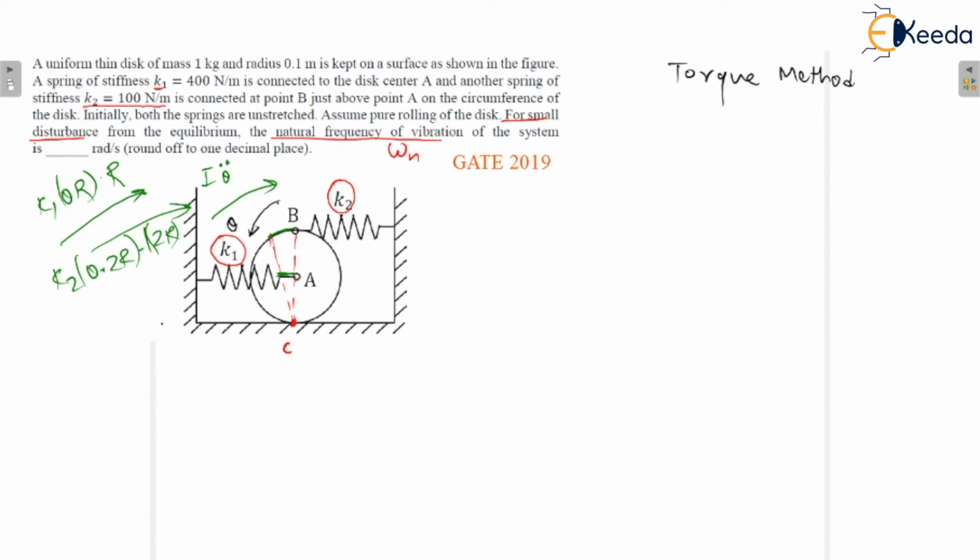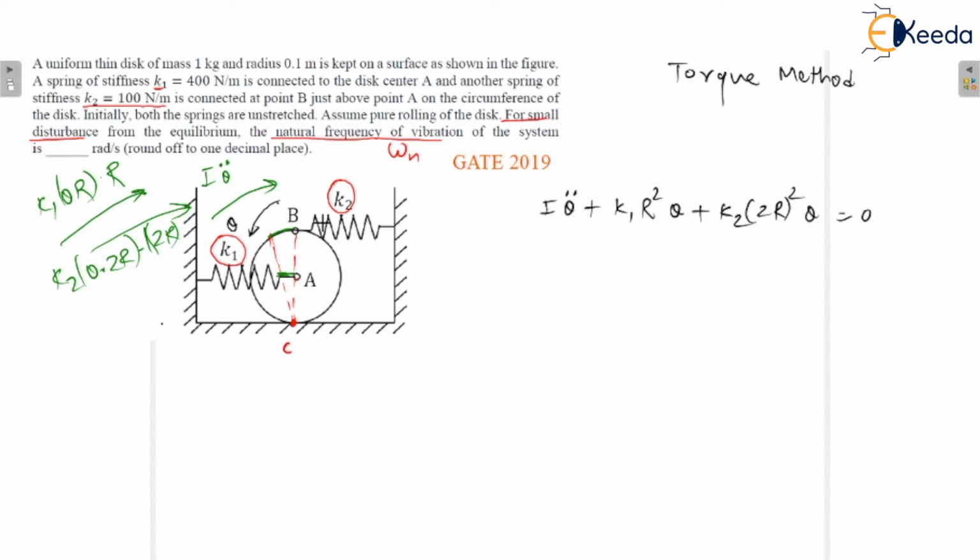Now we just have to rearrange the torque equation. We know the equation: I theta double dot plus, because all are in the same direction of rotation, clockwise, K1 r square theta plus K2 into 2r whole square theta is equal to 0.